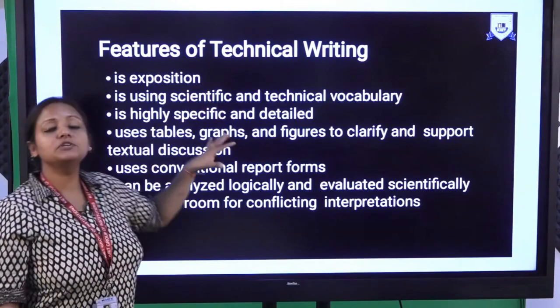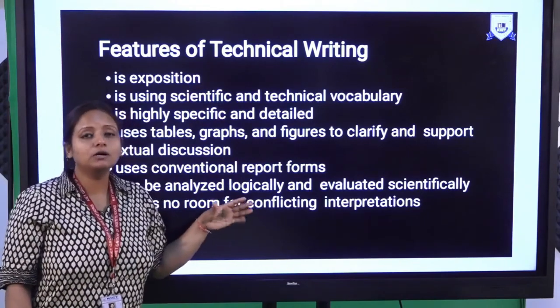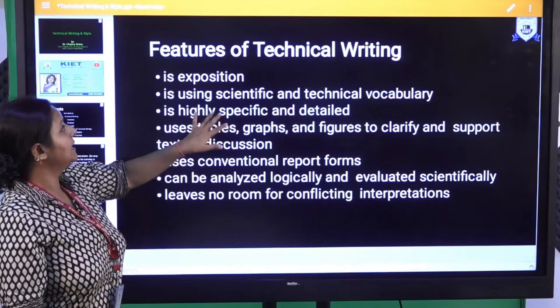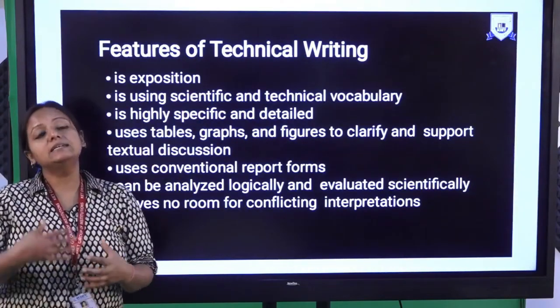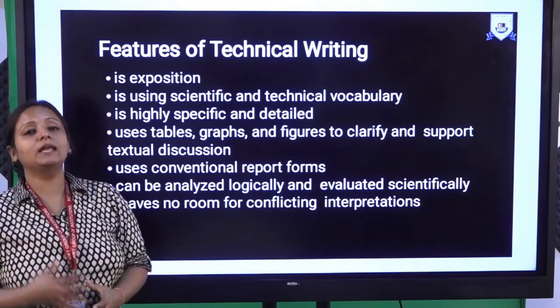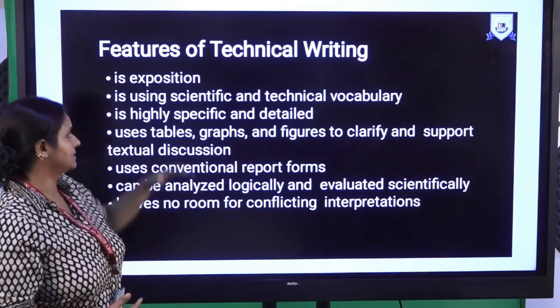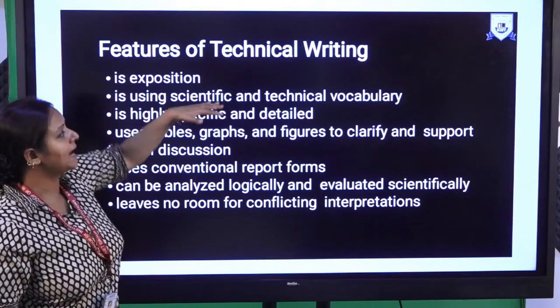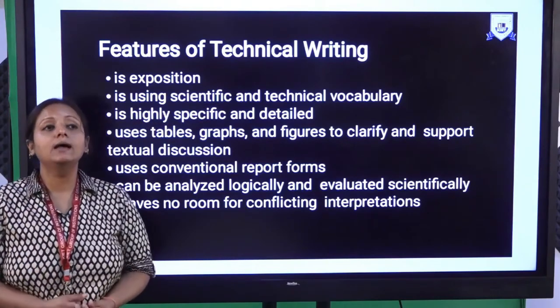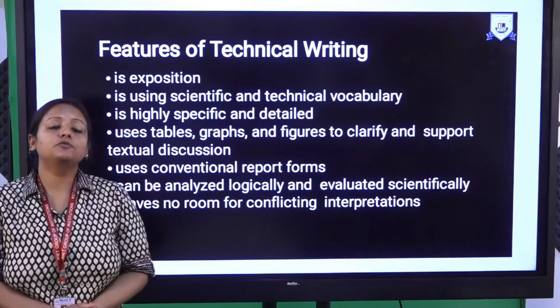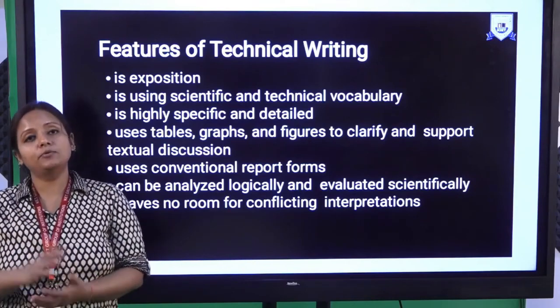Now there are different features of technical writing. When we talk about the features, the first is that technical writing is exposition. Exposition means descriptive, explanatory, which you can discuss. It uses scientific and technical vocabulary, which you know as jargon. There are specific sets of vocabulary which are used in different professions.